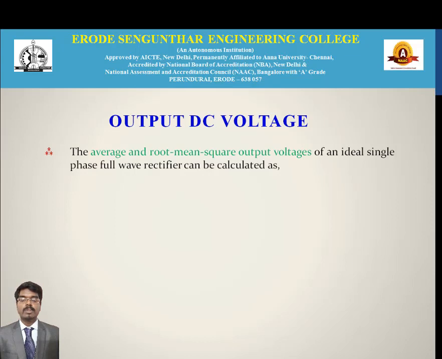The average output voltage is twice the maximum peak value divided by pi, and the RMS output voltage is the maximum peak value divided by root 2.